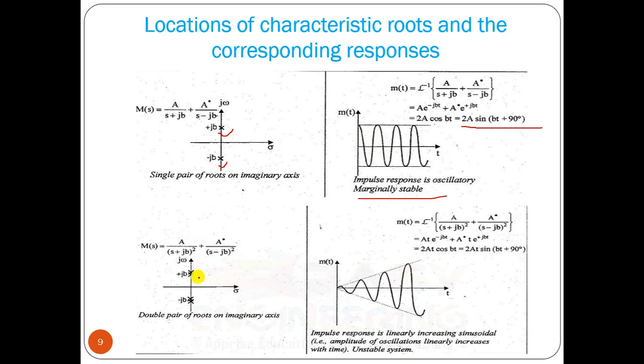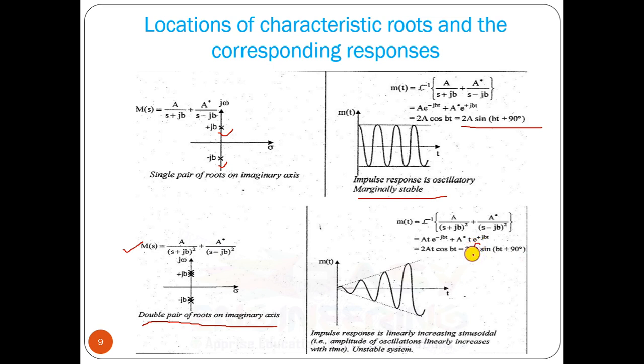Now if we have complex poles on the imaginary axis with multiplicity, a double pair of roots on the imaginary axis, that means A divided by (s plus jb) whole square plus A star divided by (s minus jb) whole square. If you take the inverse Laplace transform of this transfer function, what you will get is 2A t sin(bt plus 90 degrees).